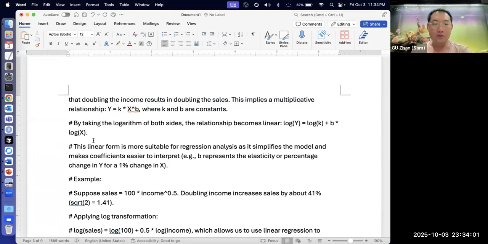Taking the logarithm of both sides, you will convert it into log y equal to log k plus b times log x. So that's a transformation with log on both sides.